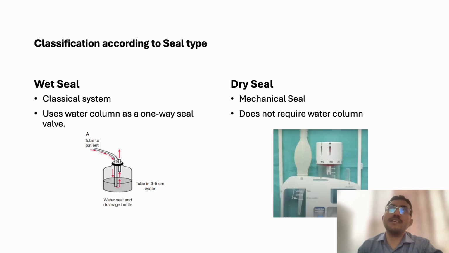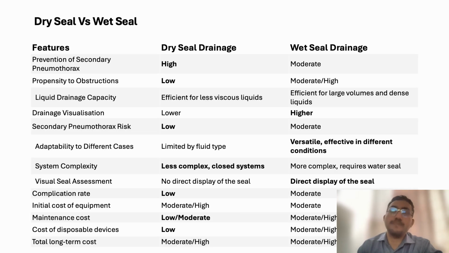And the other is a dry seal system, which is a mechanical seal, where a one-way flutter type of valve allows easy leakage of the fluid or air in one direction, but prevents re-entry into the chest.